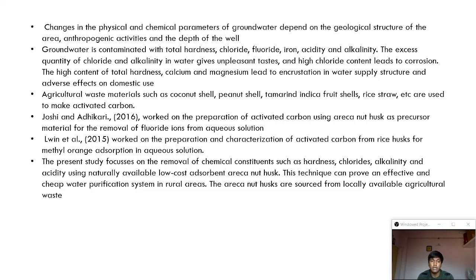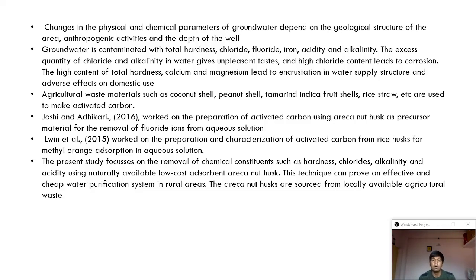The high content of total hardness, calcium, and magnesium leads to encrustation in water supply structures and adverse effects on domestic use. So we use soft water in our daily use. That is water which forms lather with soap, and it is less harsh on our bodies.